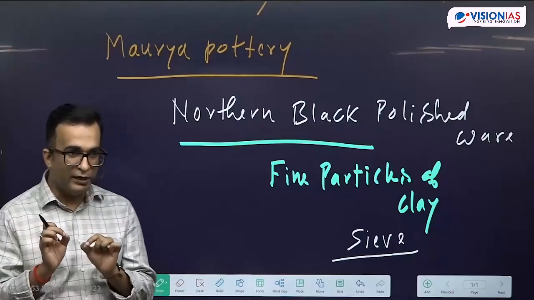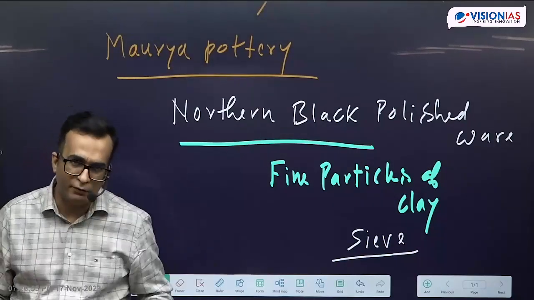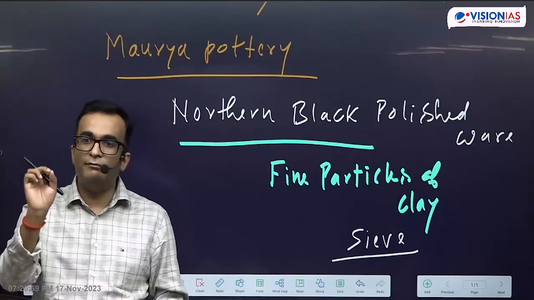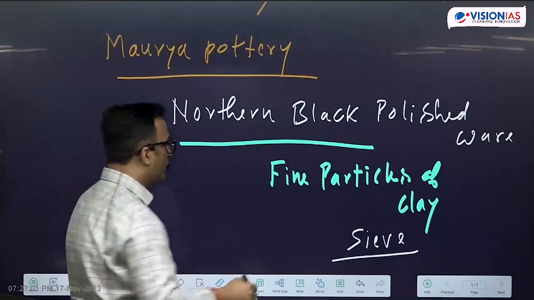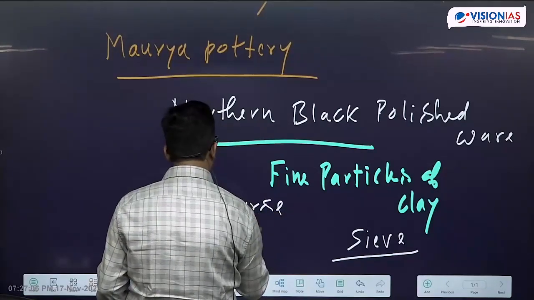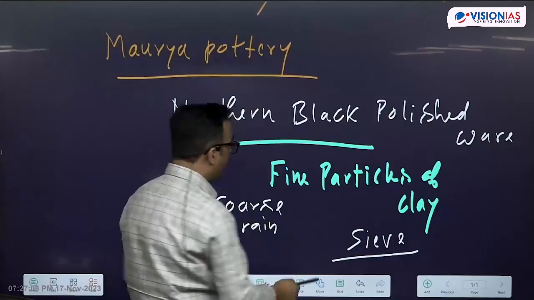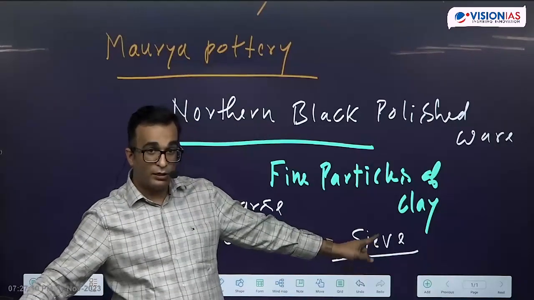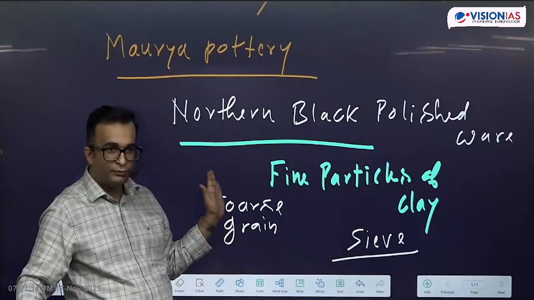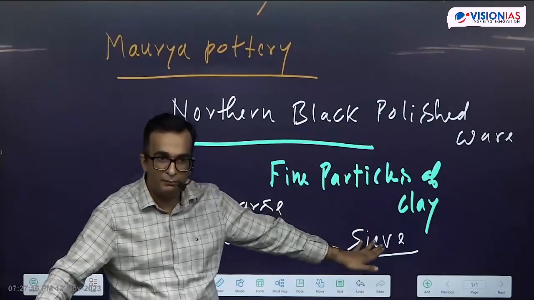Why is this filtering important? Because no matter from whichever place you collect the clay, it will have concord, which is coarse grain of the clay. Whenever we do the process of sieving, the concord is removed, and then you have very fine particles of clay.